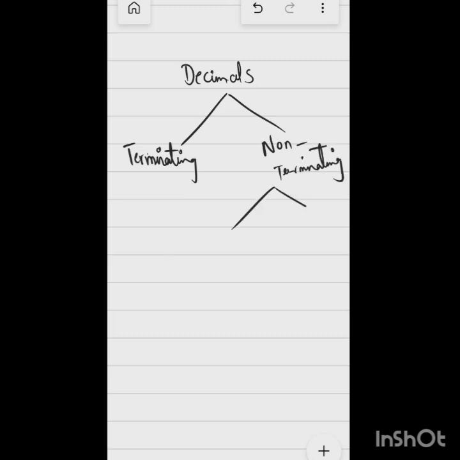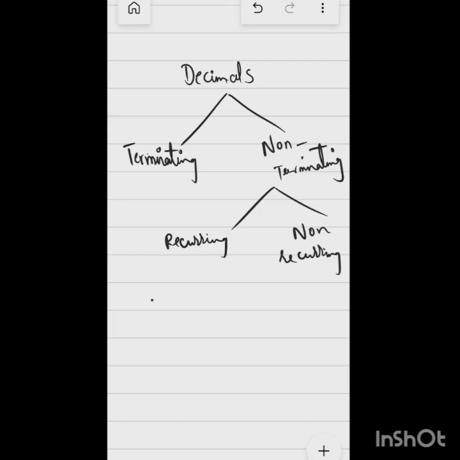So now we can say a decimal can be of three types. First is terminating, second is non-terminating and recurring, third is non-terminating, non-recurring.